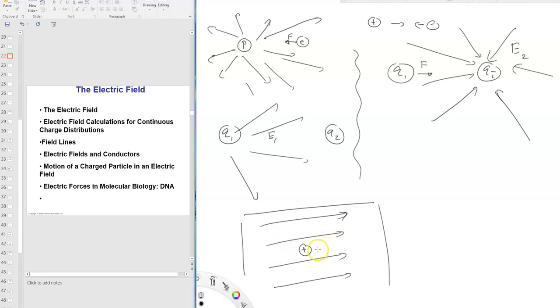Here's a very important thing to remember. If it is a positive charge, the force is in the same direction as the field. And this is the E field. Force F is also in the same direction. If I place a negative charge, the force will be in the opposite direction to the electric field.